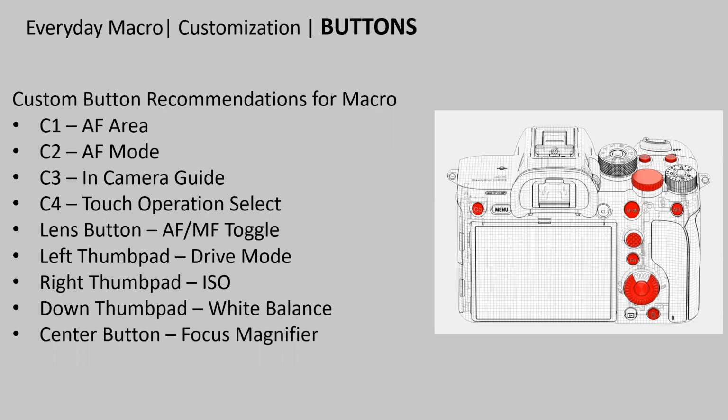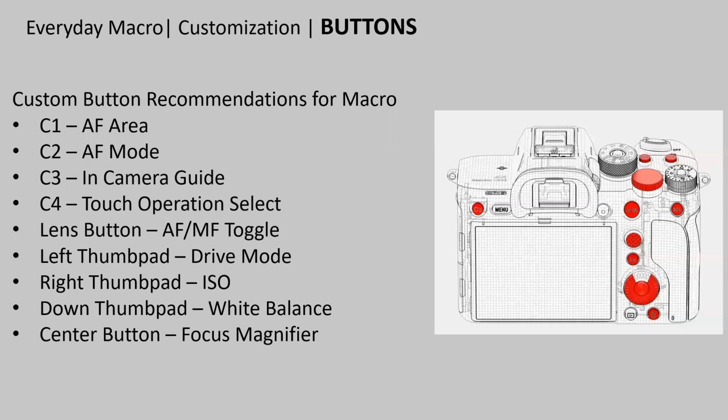This is really nice if you're using the 50mm macro because I can just press that one button. If you have the 90mm macro, you can actually just toggle between autofocus and manual focus by pushing or pulling the focus ring forward and back. So it's not as needed if you're using the 90mm macro.